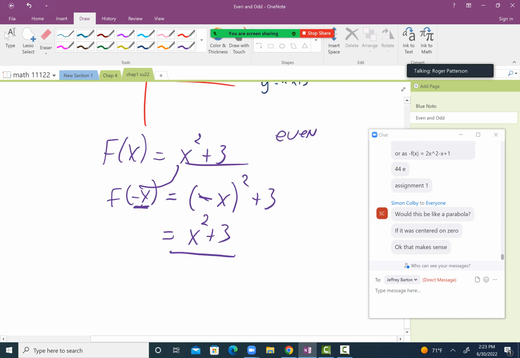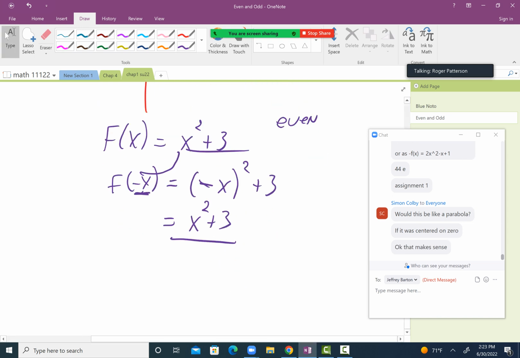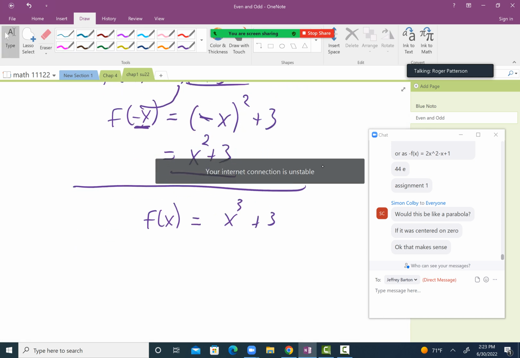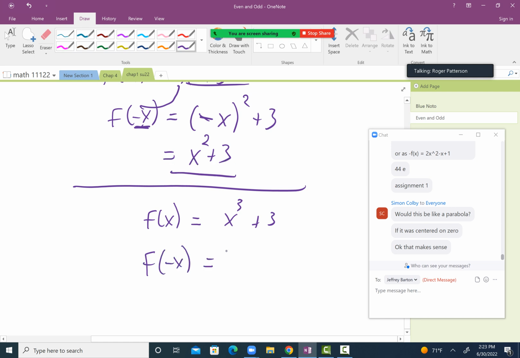What happens if we have one that is, say, x cubed plus 3? Now if I go f of negative x and put that in there, it says my internet connection is unstable, so I don't know how that's going to work.